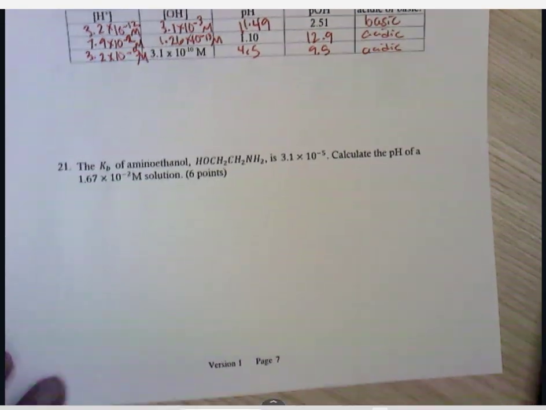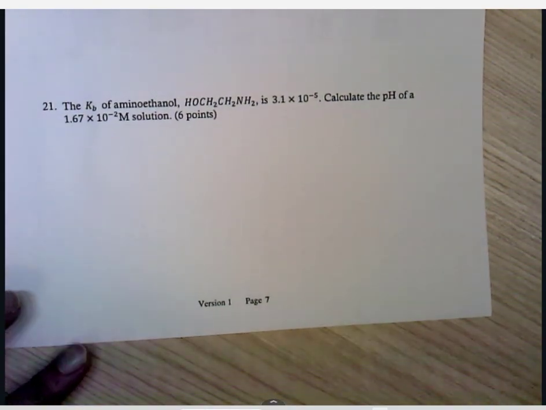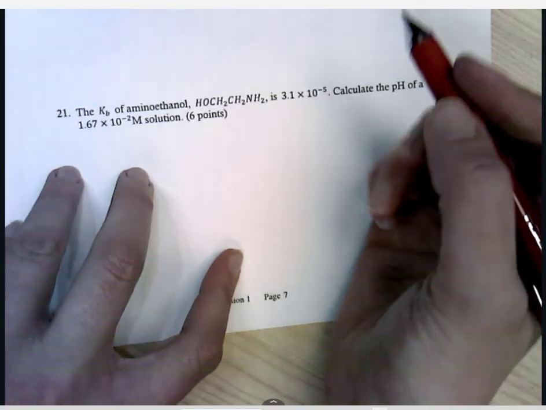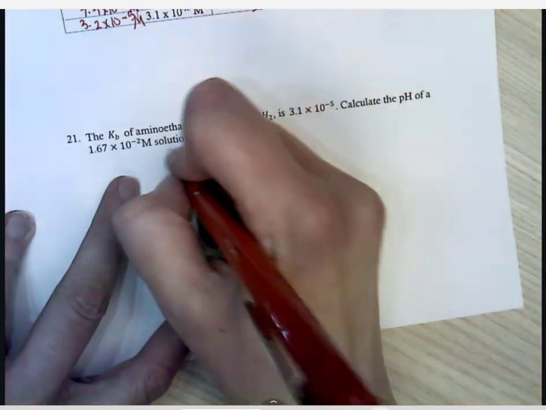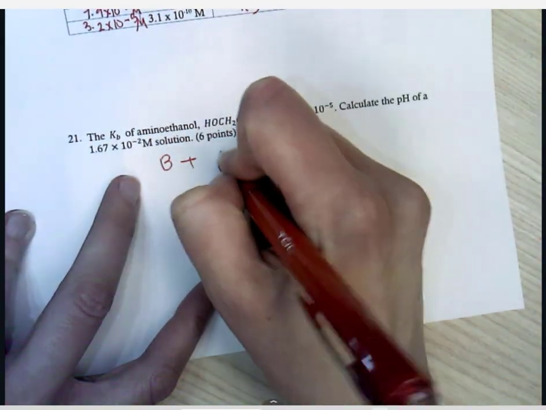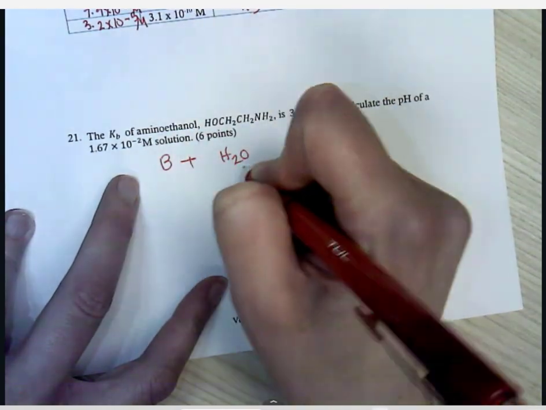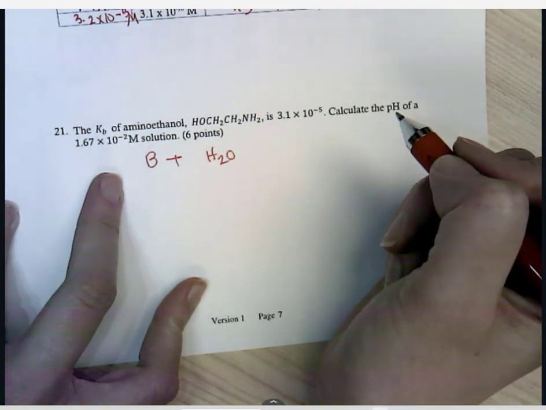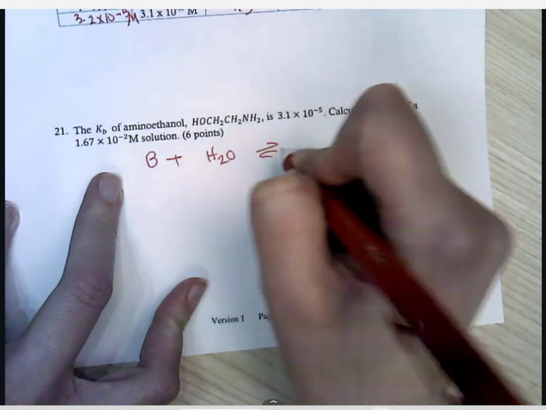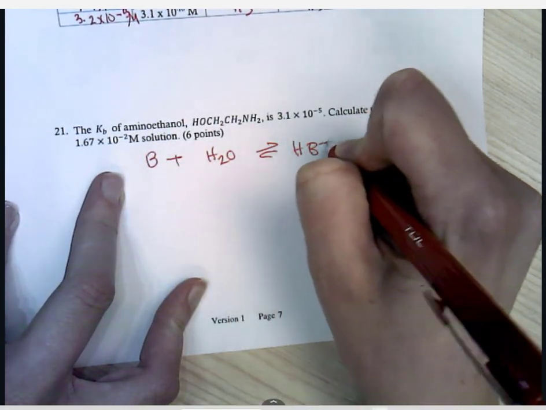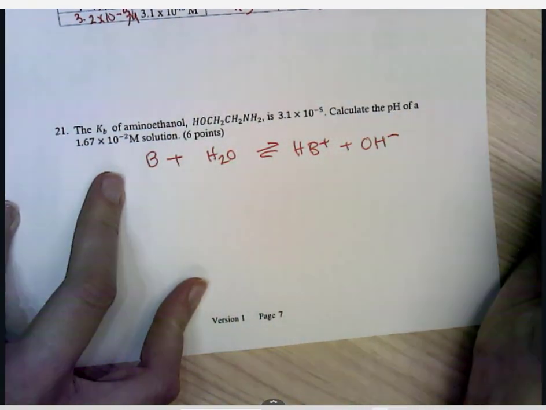All right, and then finally, I have a pH of a weak base. For the base problems, I like to just write base, but you could write the whole thing. Remember the equation for a weak base: it's going to react with water to take a hydrogen and leave behind a hydroxide.